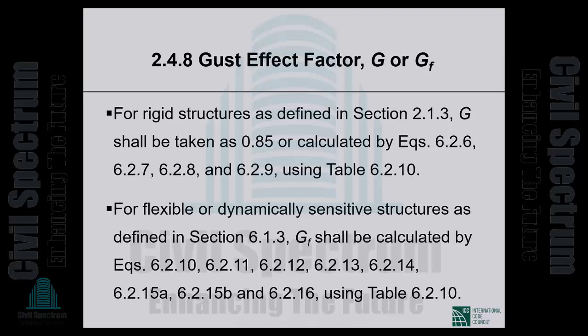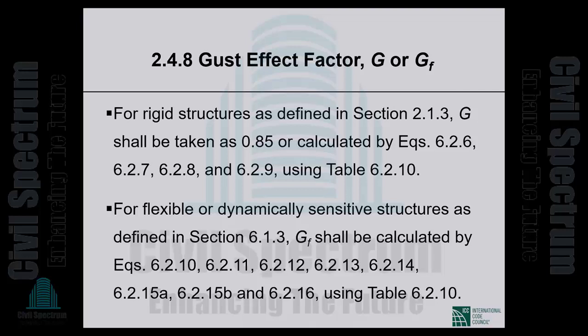I have since found that much of the time, if you calculate G as you are required to, it comes out between 0.85 and 1. I do not know enough about the subject to tell you why. I'm not saying that you never calculate more than 1, you do. But ASCE 7 also tells you if your G is very large, definitely exceeding 2, in the range of 3 or 4, you should not apply the all heights method.